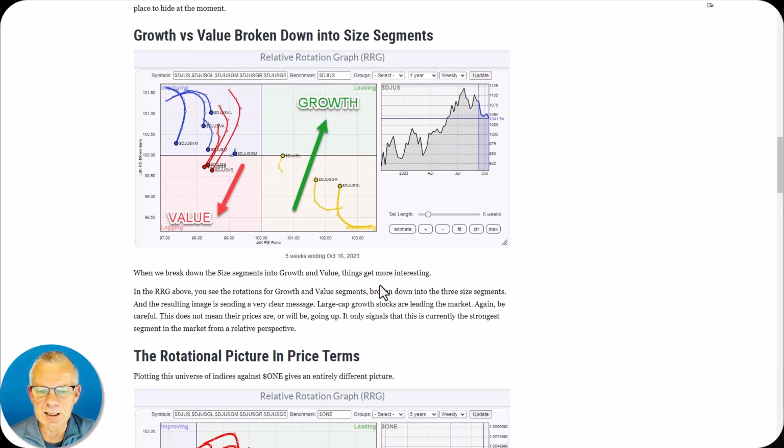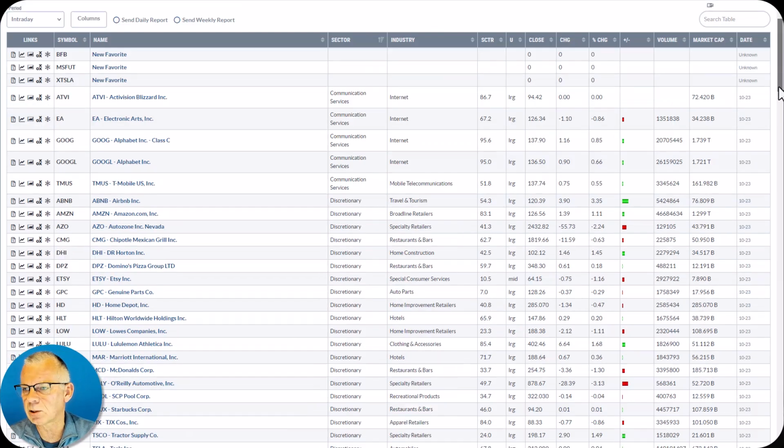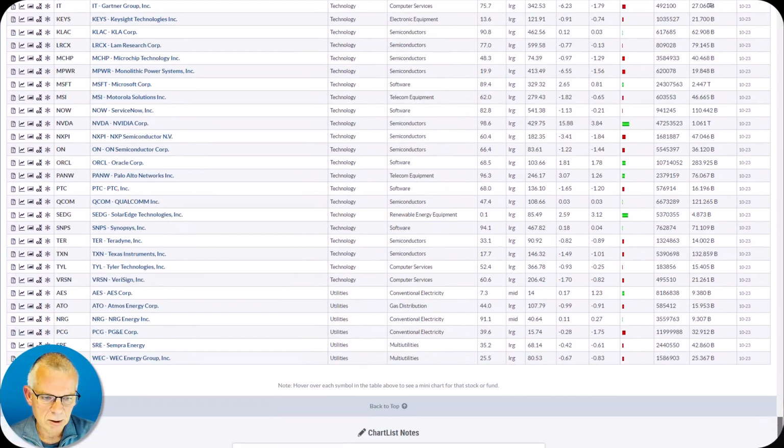So what I did is I looked for the members of IVW. And IVW is the iShares S&P 500 Growth ETF. It has 241 names in it.